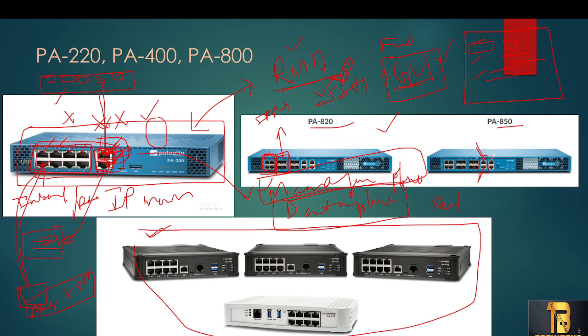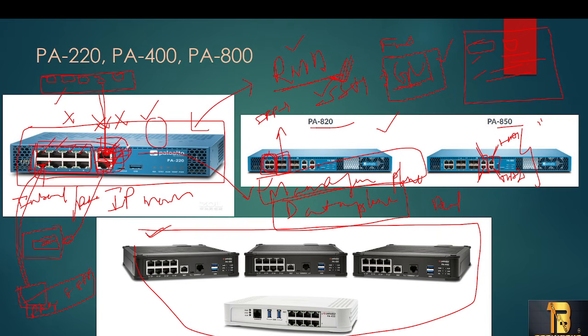Apart from that, on the right side you can see two RJ45 ports: the first is for HA1 and the second is for HA2. We will have a separate session for high availability, where I will tell you more about it, but in this interface type we have to learn about the interfaces. So we have two HA interfaces, HA1 and HA2.